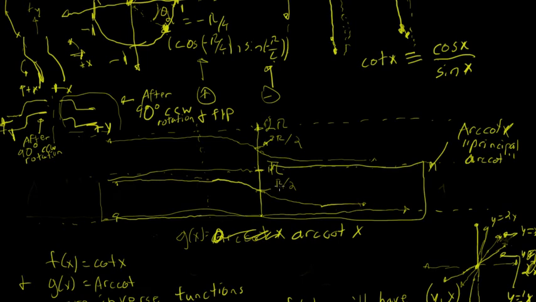Or here it's asking, what is the y value for g of x equals arc cotangent of x for which x equals the square root of 3?